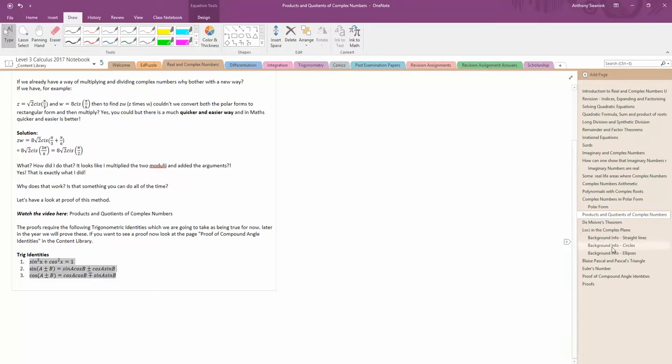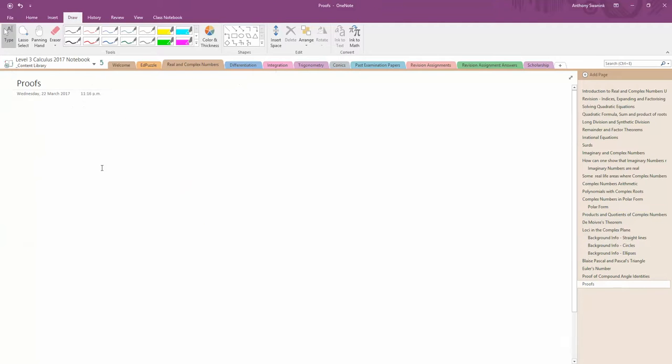So using those trig identities, let's move right into having a look at the proof, first of all, of when we're multiplying a couple of complex numbers in polar form. Let's call this A, and this is when we're multiplying.